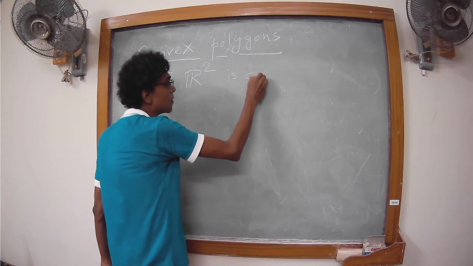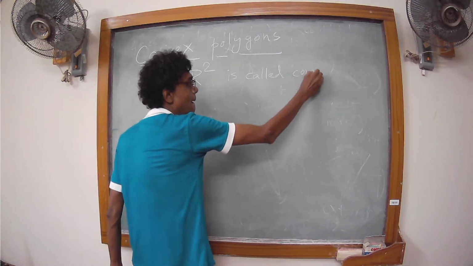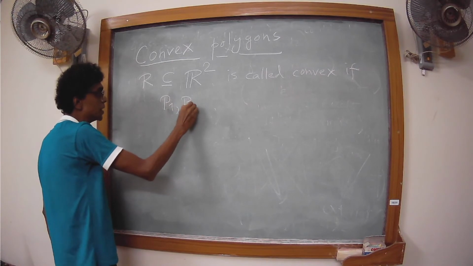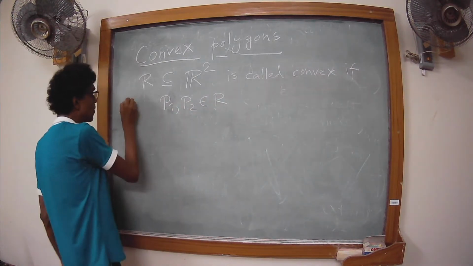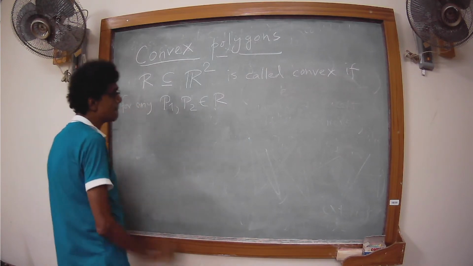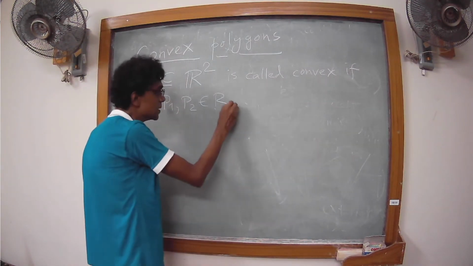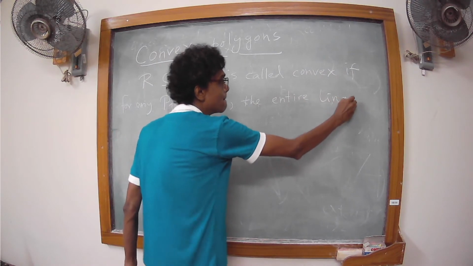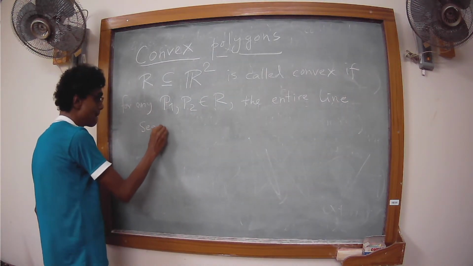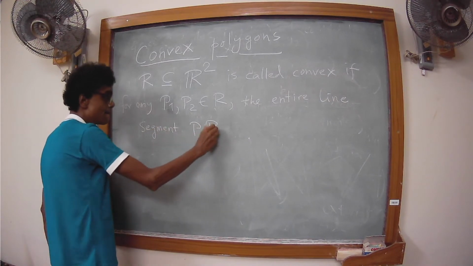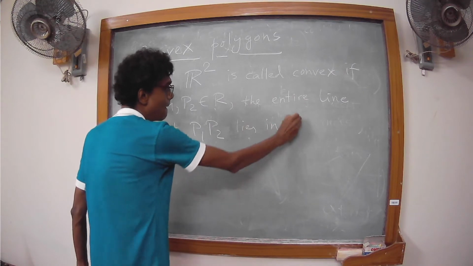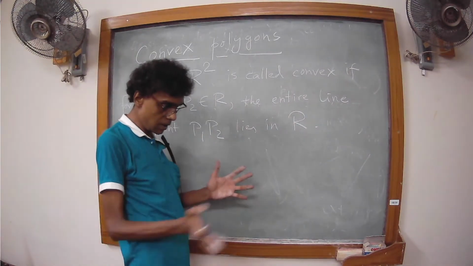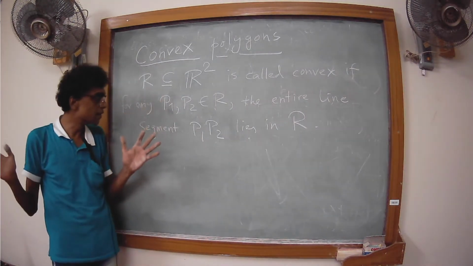This is called convex if I take any two different points P1 and P2 in R, for any points P1, P2 in R, the entire line segment lies in R. That is, if I consider the parametric equation of the line segment, t is restricted to the closed interval 0, 1.